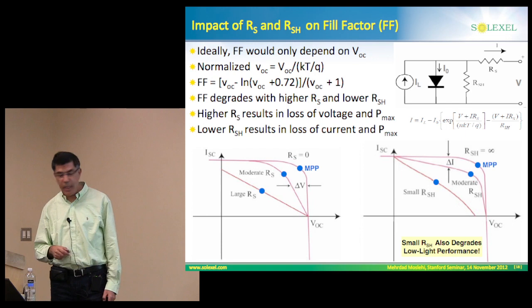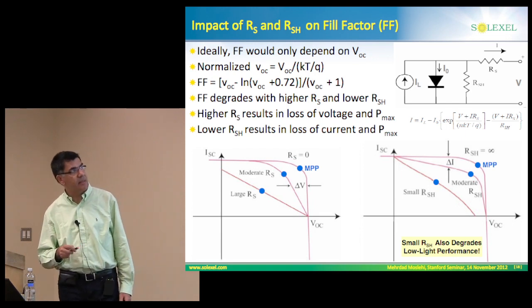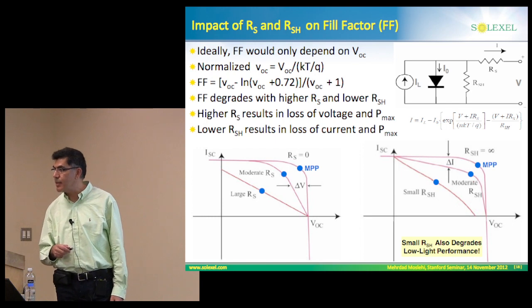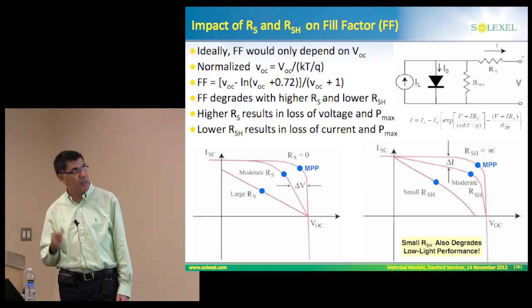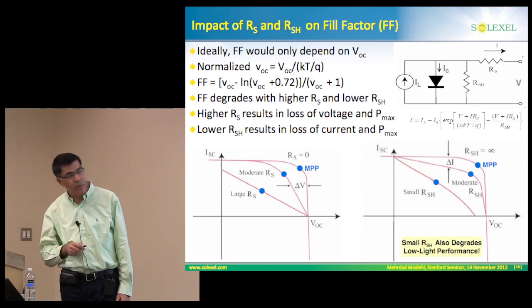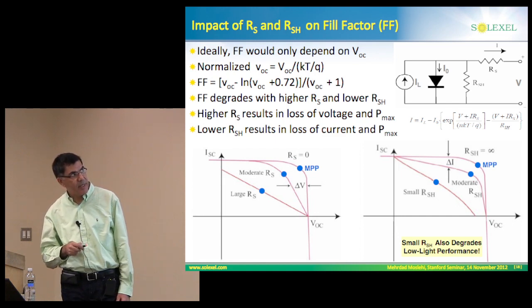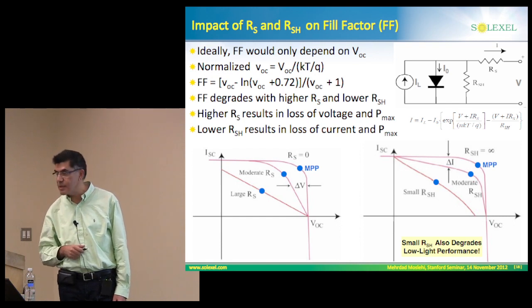So if you look at a practical solar cell, this is how you can represent that in terms of a lumped model: a current source in parallel with the diode, which has your dark current, and a shunt resistance and a series resistance. For the ideal solar cell, the shunt resistance would be infinite and series resistance would be 0.